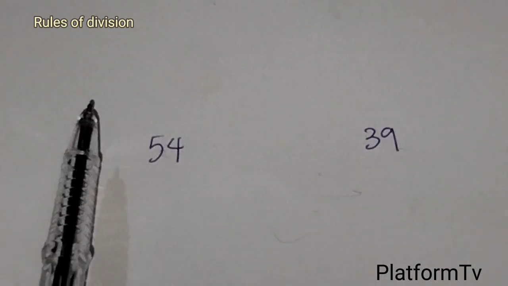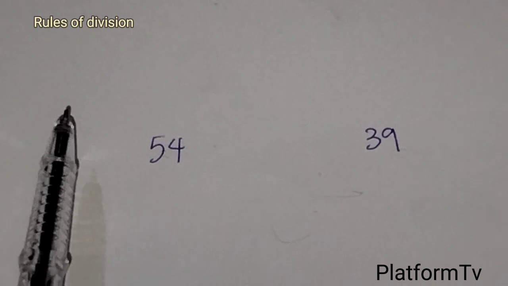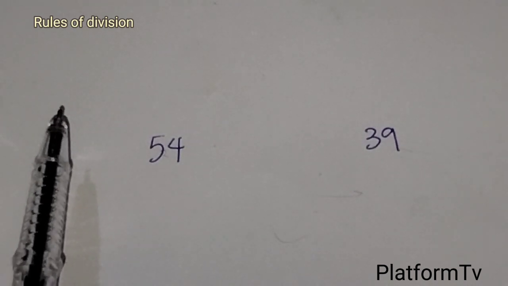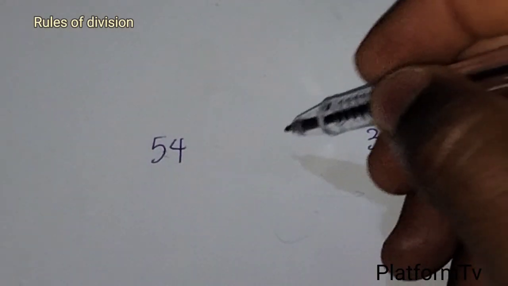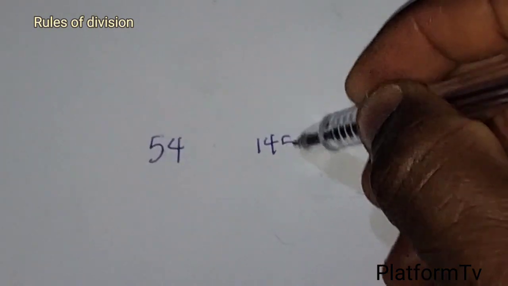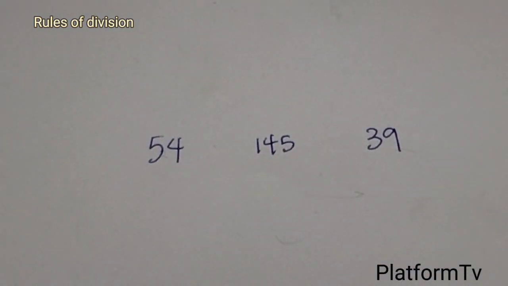So I'm introducing something else now. I'm going to be introducing 145 into this mix so that we can see something. Alright, so I have three numbers now: 54, 145, and 39.